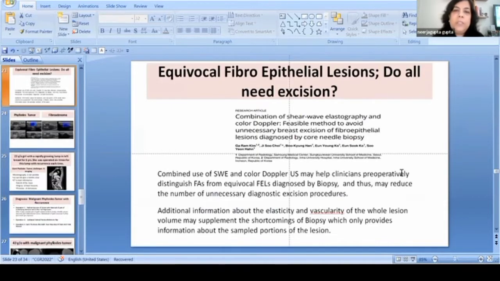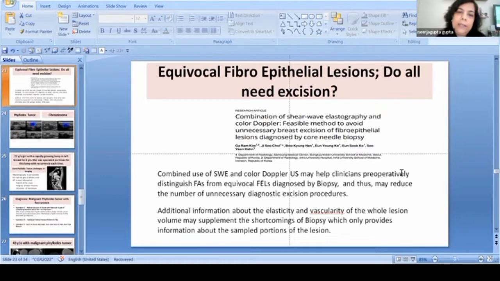So this brings me to a question, which was elegantly answered in this very interesting article: do we have something else in our imaging modalities which can help us to differentiate the equivocal fibroepithelial lesions into possible fibroadenomas which can be followed up, and the phyllodes which would of course require excision?